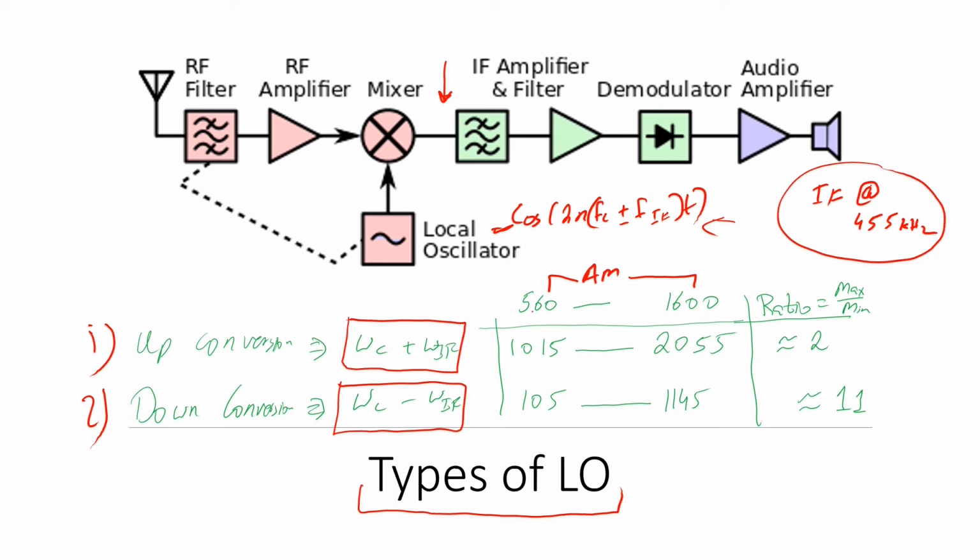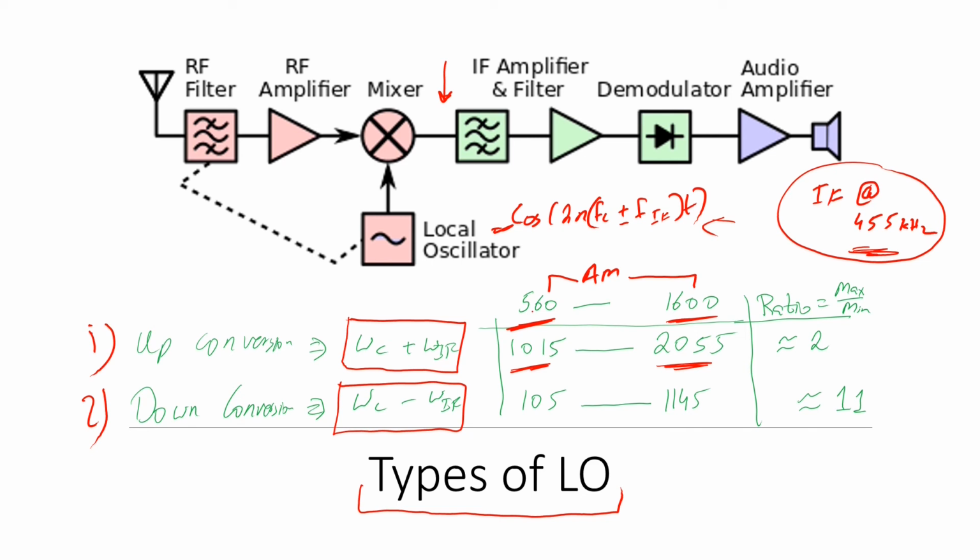If we add 560 with 455, we have 1015. Similarly, adding 455 with 1600, we have 2055. In down conversion, we are subtracting 455 from 560, so we have 105, and similarly subtracting 455 from 1600, we have 1145.